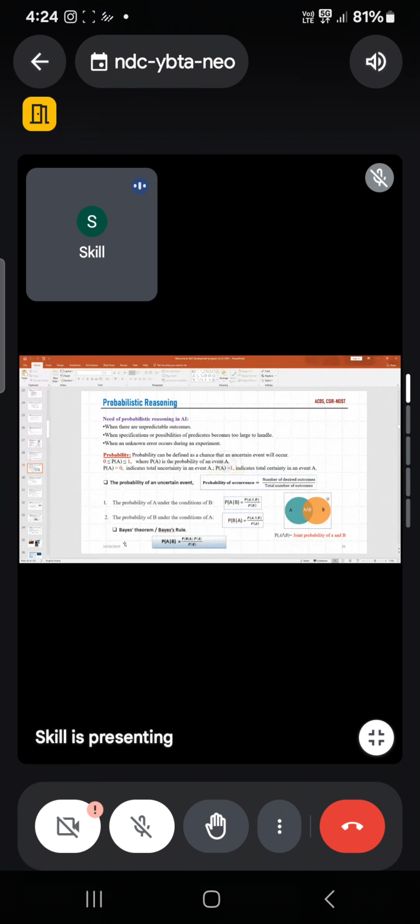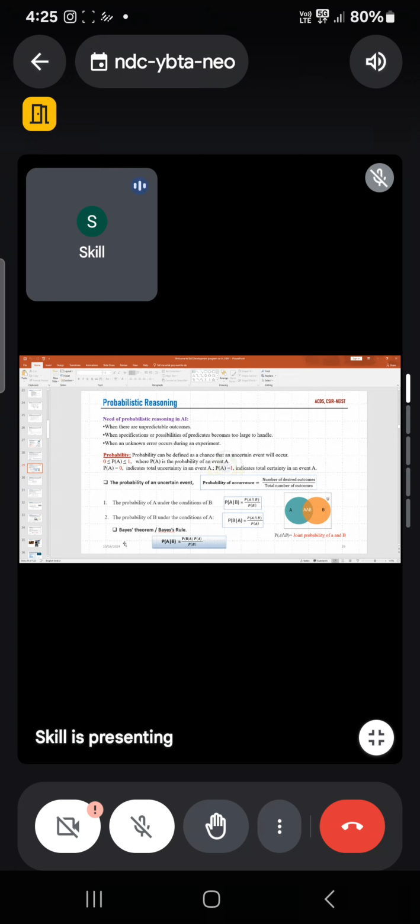So here, how can we calculate the probability of an uncertain event? It is mentioned in the formula: the probability of occurrence is the number of desired outcomes divided by the total number of outcomes.